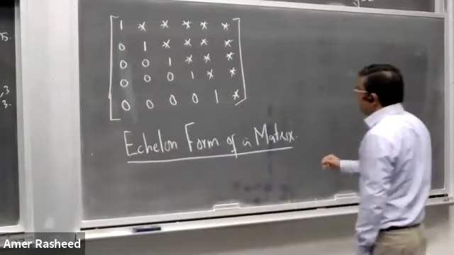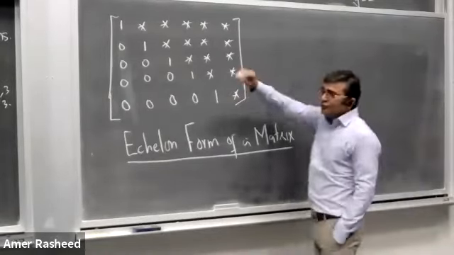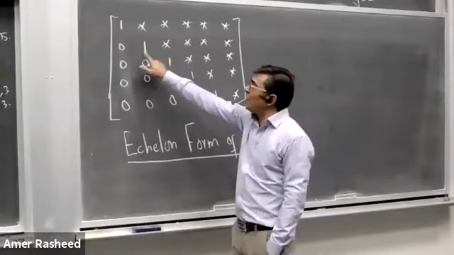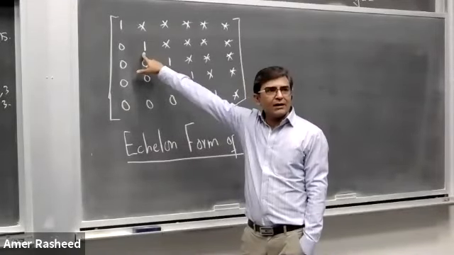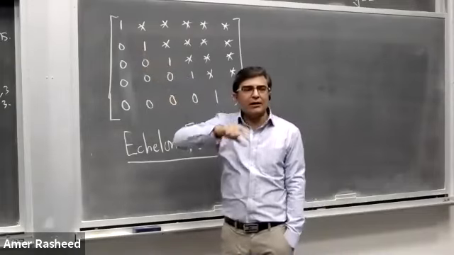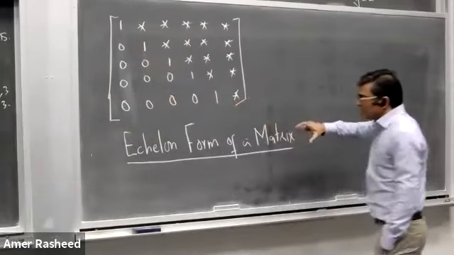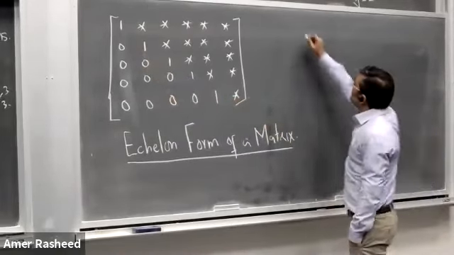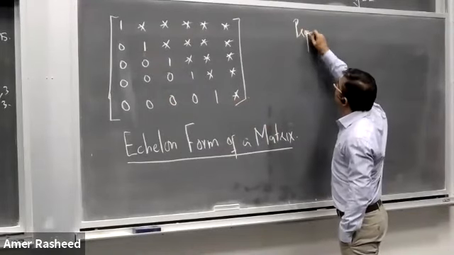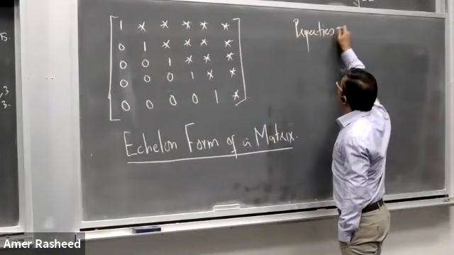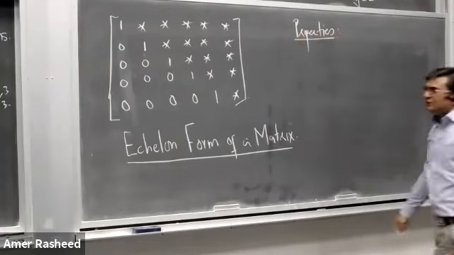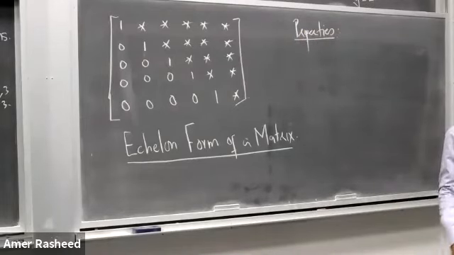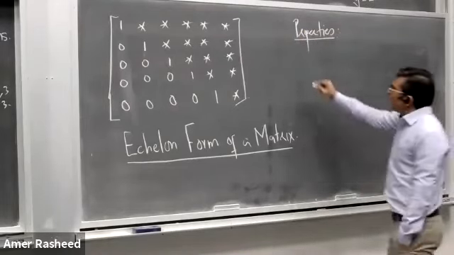Now, echelon form has certain properties. It's not always necessary that you get 1 here. Let me explain the properties of echelon form. First property क्या है?